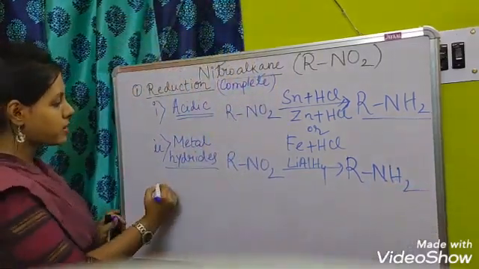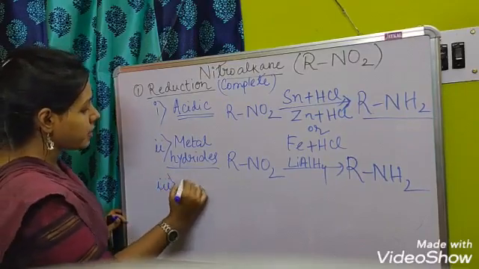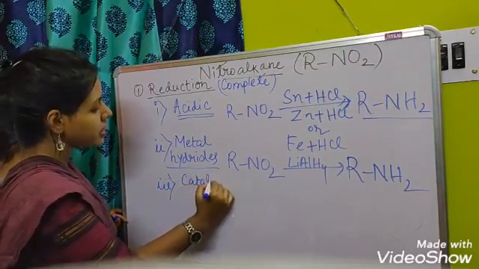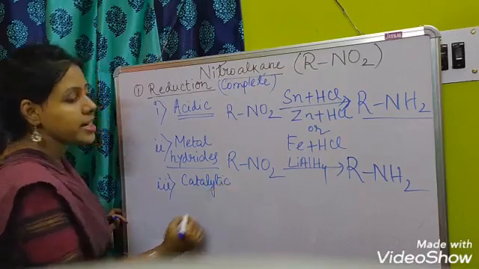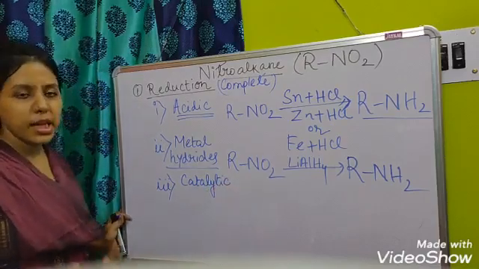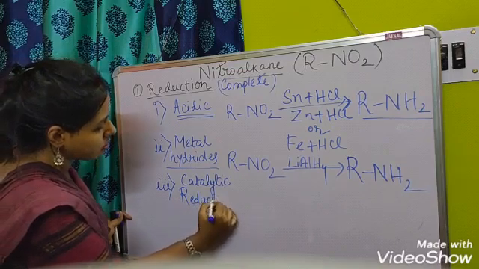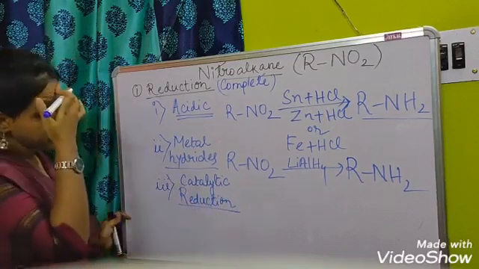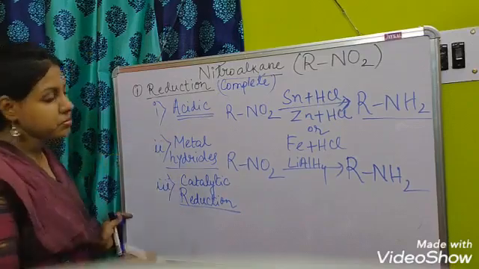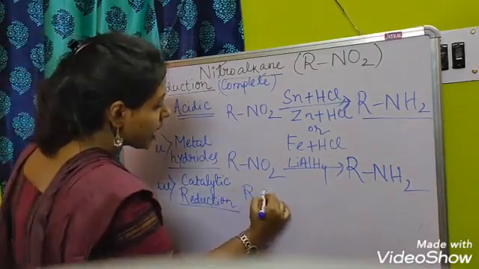Now the next one, that is the third type, that is catalytic reduction. Catalytic means when we are using a catalyst. Okay. So first of all, RNO2.